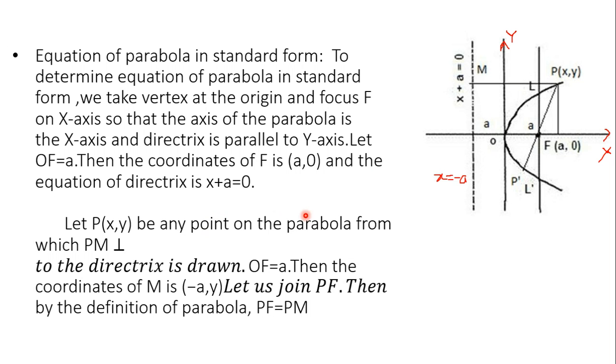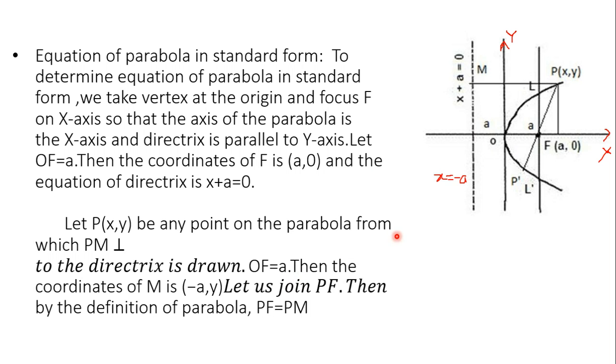Let P(x, y) be any point on the parabola. We take any point P(x, y) on the parabola from which PM perpendicular to the directrix is drawn, and OF equals a.